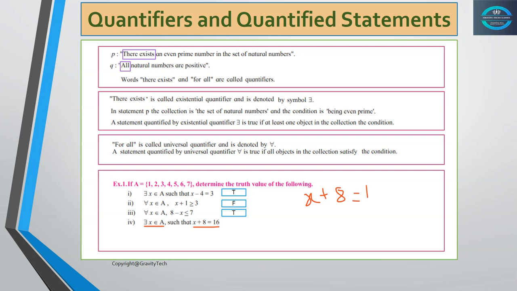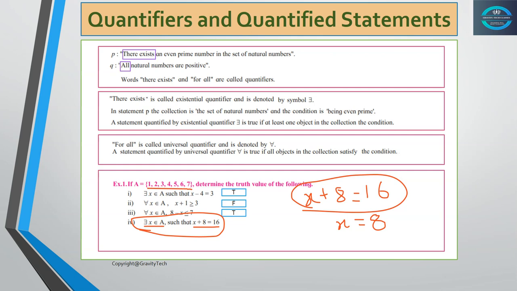Now if you try to solve this, x is equal to 16 minus 8, which will be 8. x की वैल्यू क्या आती, 8. Is the x there? No. That means there does not exist a single element. इसमें ऐसा एक भी एलिमेंट नहीं है जो इसको सेटिस्फाई करता है. What does that mean, this is not true. ये false है, right.